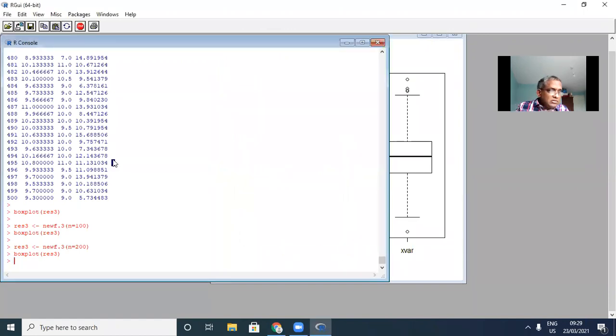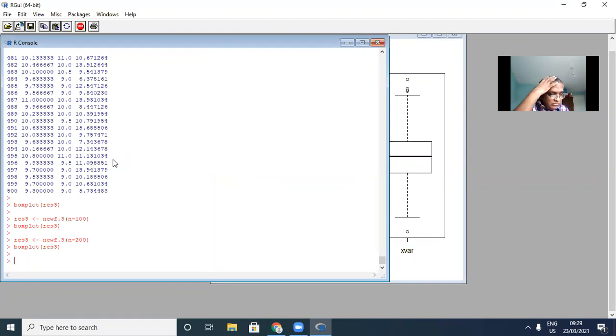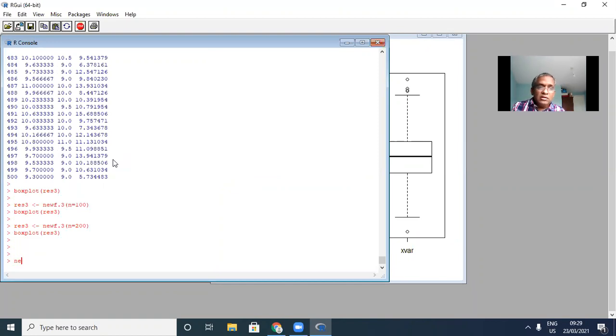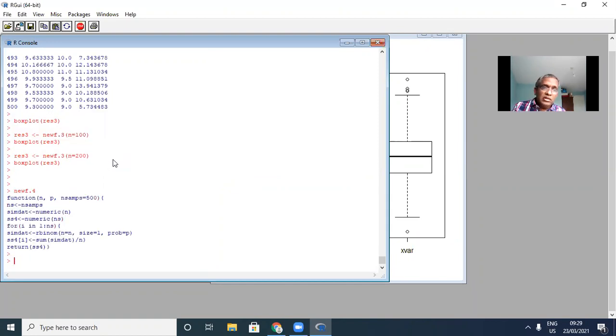The last part of the tutorial sheet is about simulating the sample proportion from a binomial distribution, right? And the function I'm going to use for this is this one here.